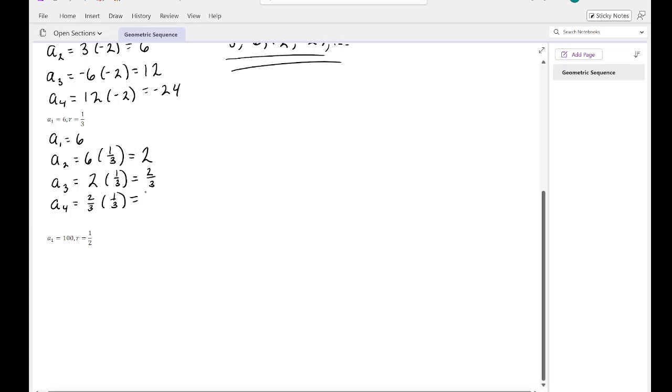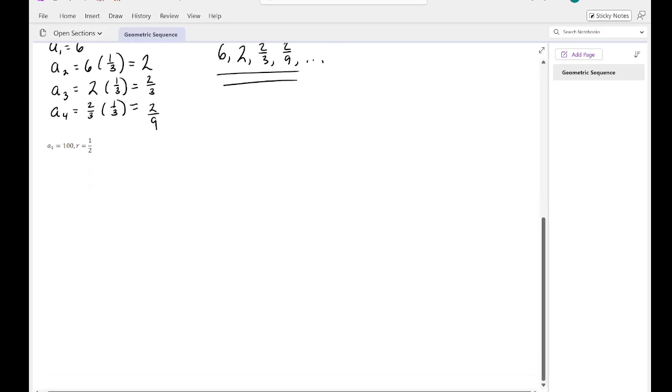So just 2/3 times 1/3, that's going to give us 2/9. So there are the first four terms of this sequence. We're going to have 6, 2, 2/3, and 2/9 for our first four terms of this sequence.